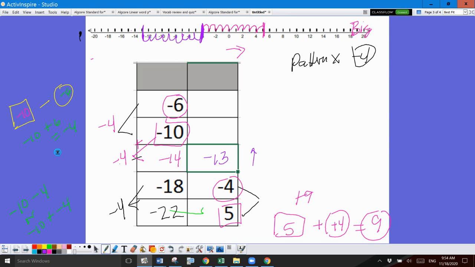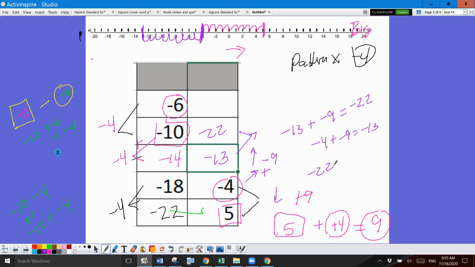So how did I get this number? Well, if I have a number line, I can count backwards, and that's not a big deal. But what if I don't have a number line? Because like my number line's stopping at 20. So if this direction is +9, this direction is -9. So I'm going this way. So -4 plus -9, that gives me -13. So now let's go again. -13 plus -9, that's -22.